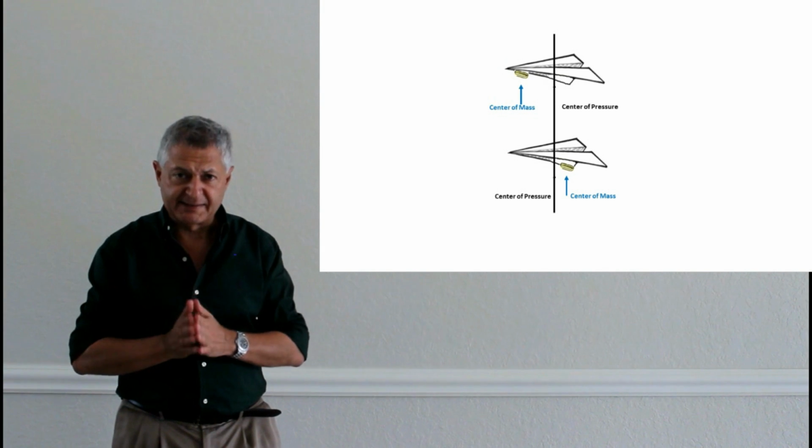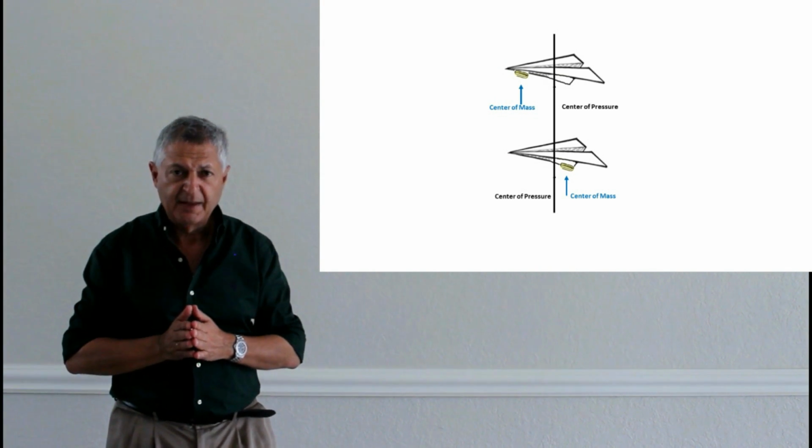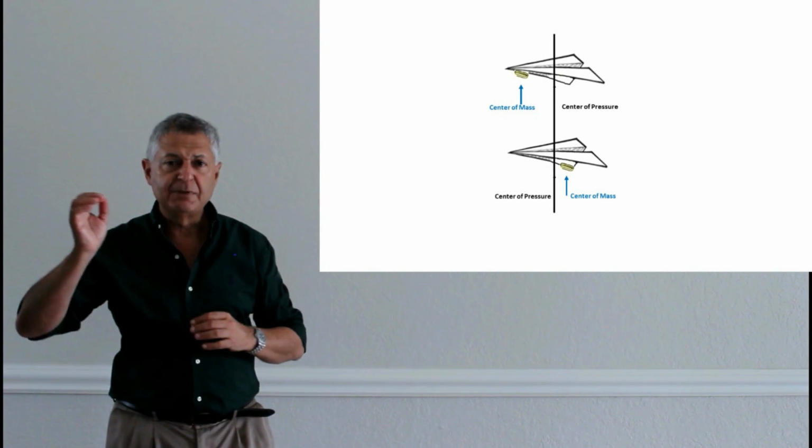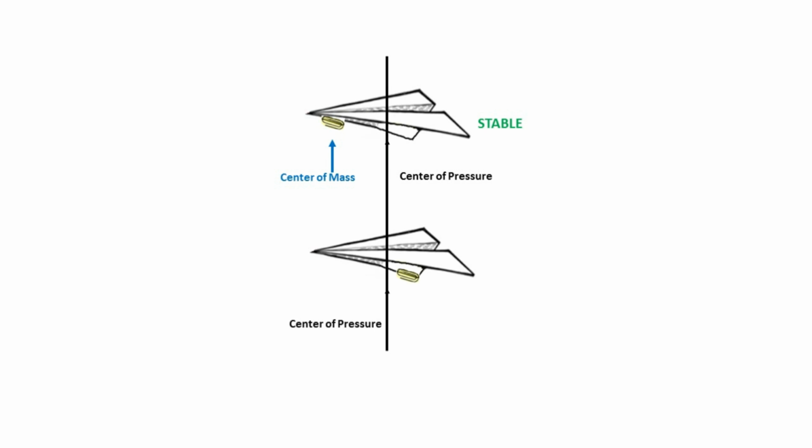When the center of mass is in front of the center of pressure, the airplane flies beautifully forward. It's a very stable system and it flies forward. However, when we have the paper clips in the back, the center of mass becomes behind the center of pressure and the system becomes unstable, and as you saw, the paper is tumbling.